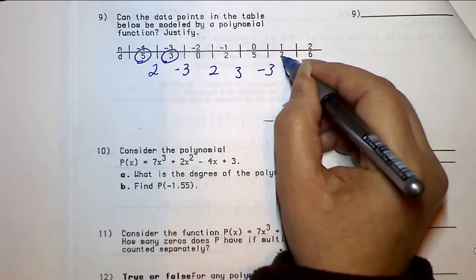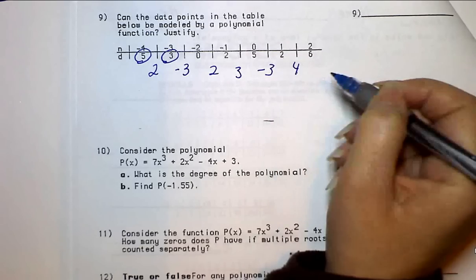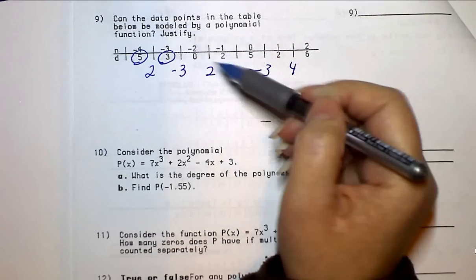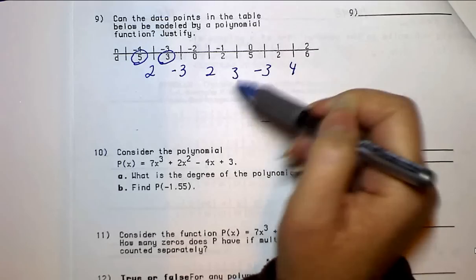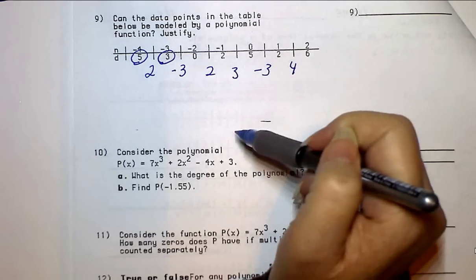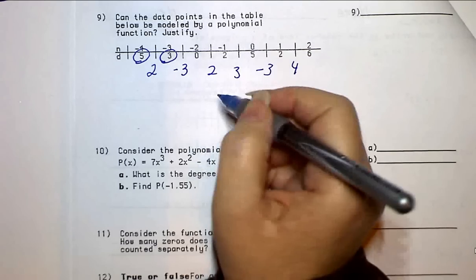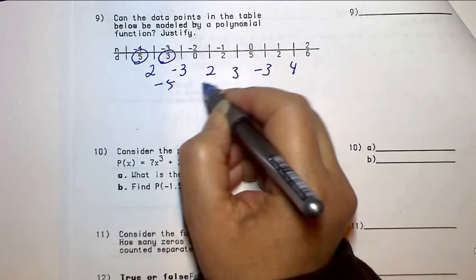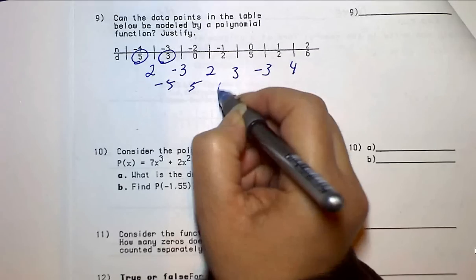If you need to stop the tape, go and subtract these and see if you ever get the same number all the way across, and then you can play it again. Alright, so you should have got negative 5, 5, 1, negative 6, 7.